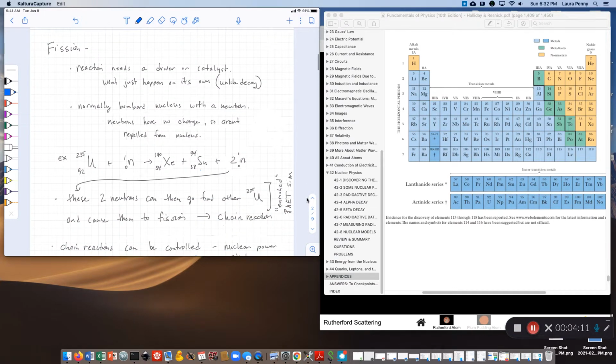So fission, basically you need a reaction, and at least you need a driver or a catalyst. It's unlikely to just happen on its own, unlike a decay. You need to have something that is actually going to make this happen. It doesn't have to be anything crazy.